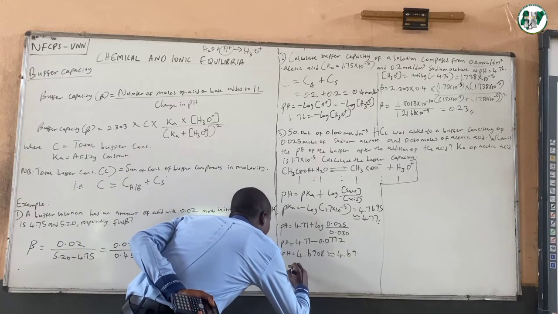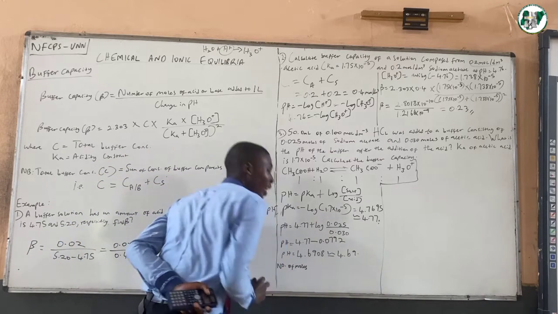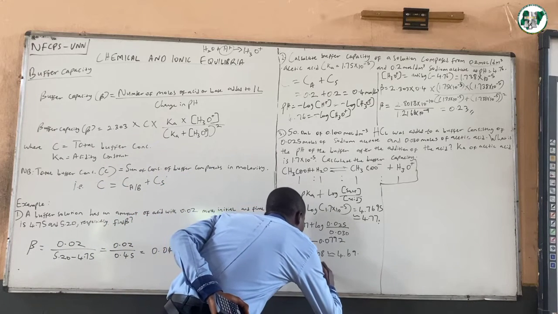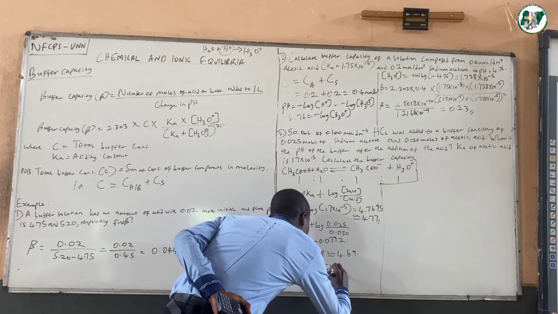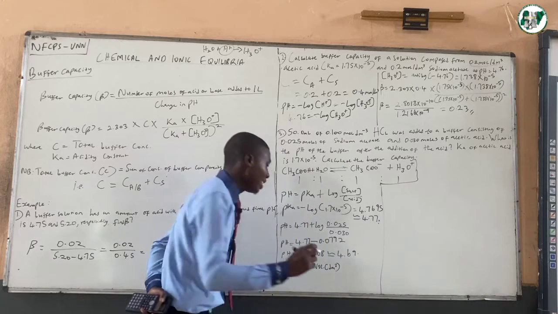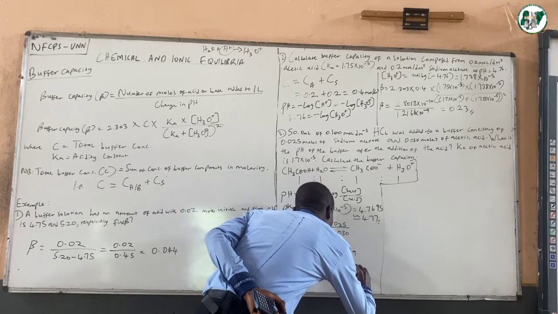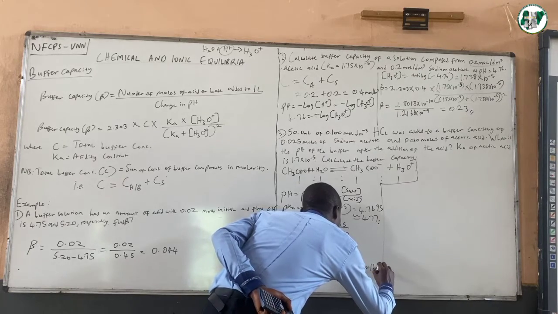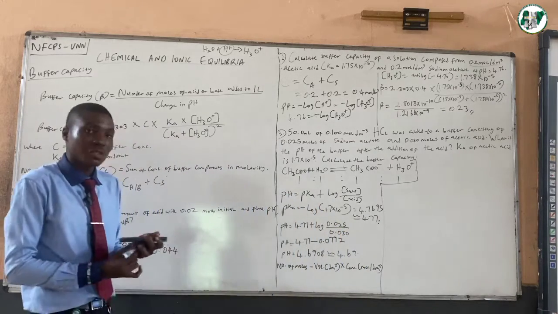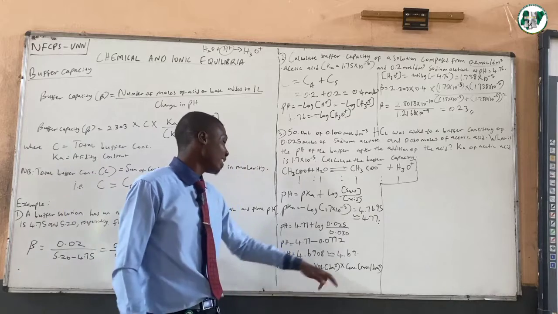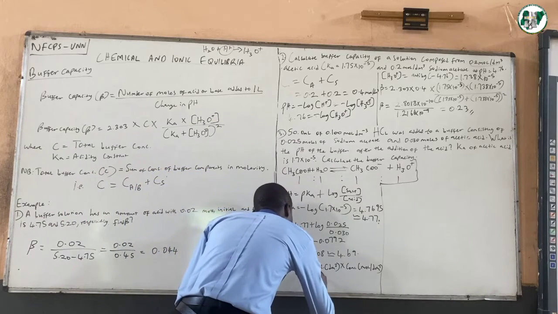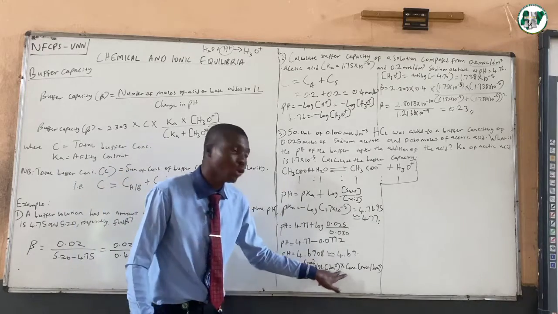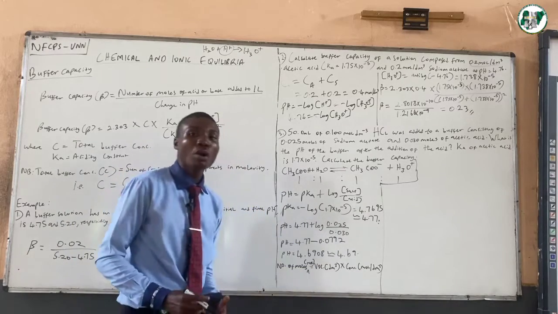Number of moles is equal to volume in dm cube times concentration in mole per dm cube.